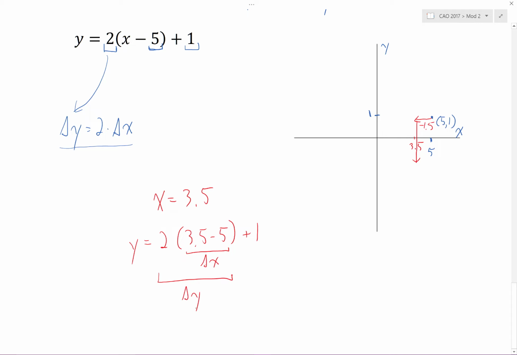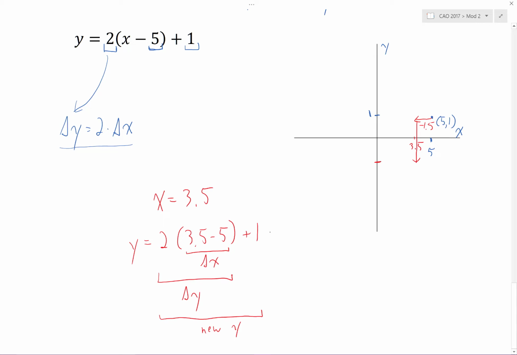So that is however much y changes by as x changes from 5 to 3.5. Then, if we add 1 to that, which is our reference value, we're going to get the new value of y. So if we take the change in y and we add our reference value of y, when we add 1, we'll get our new value for y.